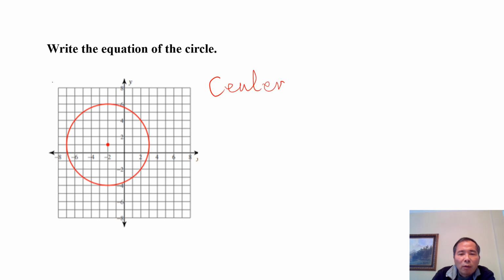We look at the graph, and the center is -2 and 1. Then for the radius, we just count here: 1, 2, 3, 4, 5 from the circle to the center. So r equals 5.